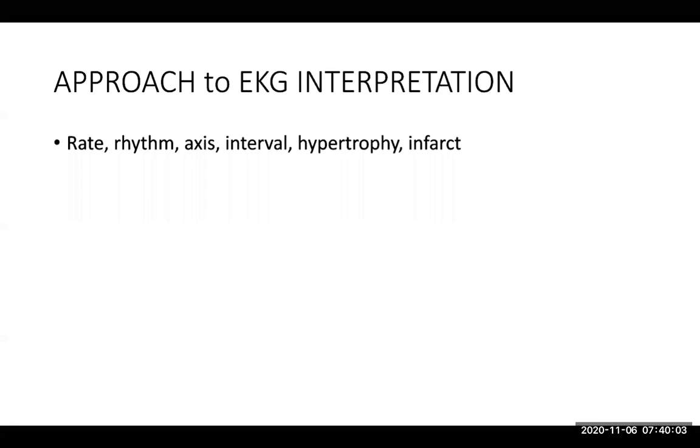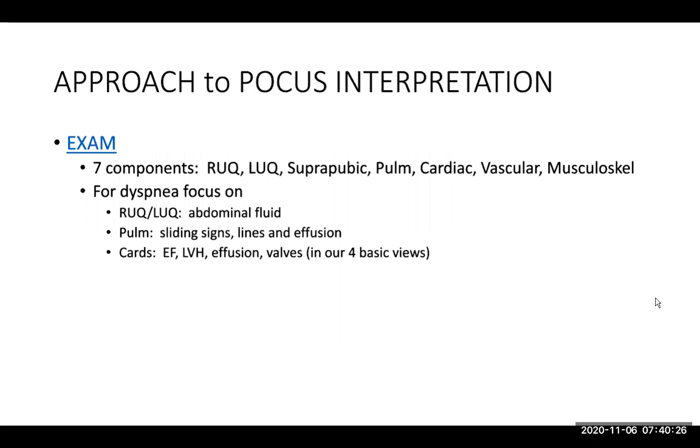In the same way with PFTs, we're going through the process in the midst of all of that data, pulling out your 3 or 4 important factors. With EKGs, it's all about breaking it down step by step so that you don't get overwhelmed by looking at all those squiggles in a gestalt fashion. So rate, rhythm, axis, intervals, hypertrophy, infarct. That's all I'll say about that for now, but 2 very important tests for the generalist.